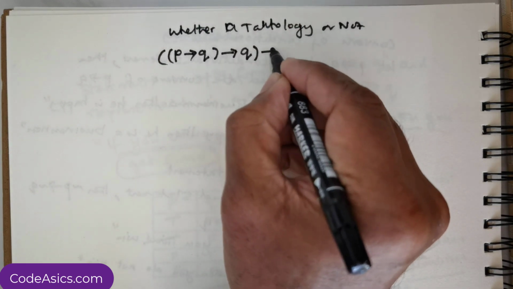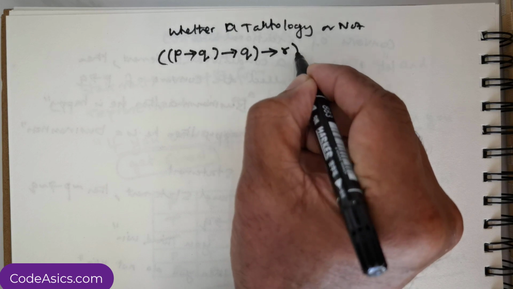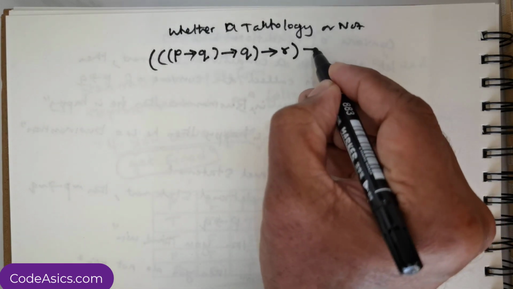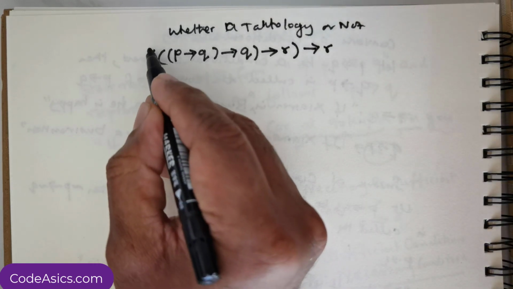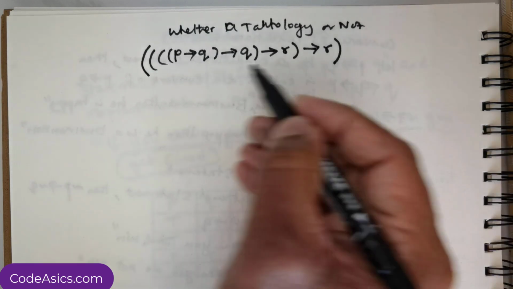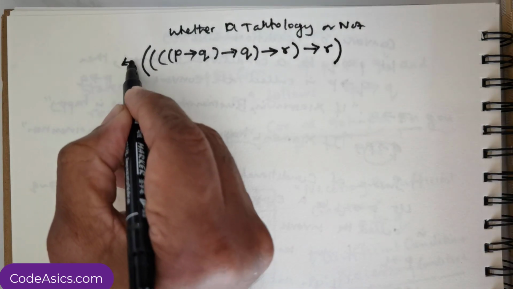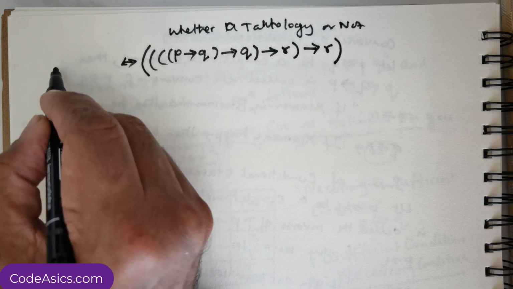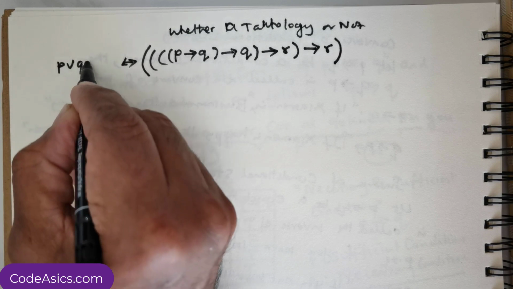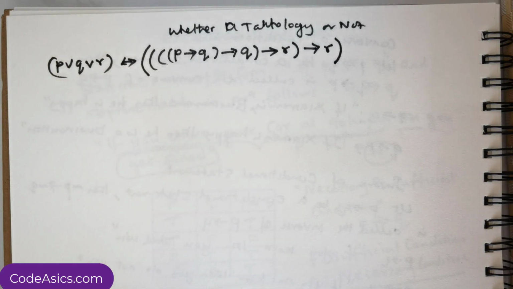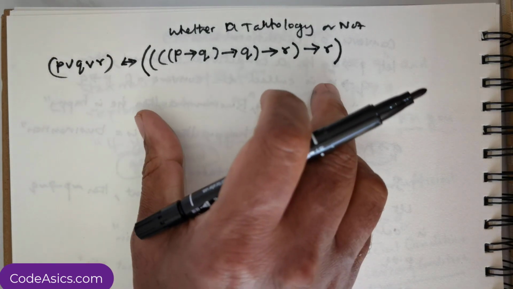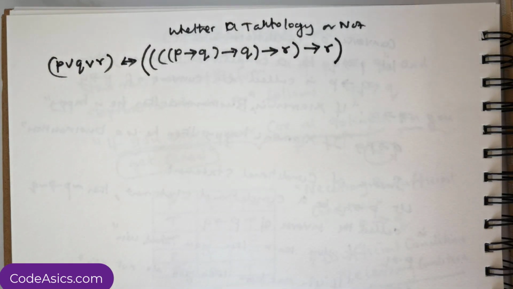And then we got a conditional with R, and then we got another conditional with R. So this is what we have got. And there is a biconditional with P disjunction Q disjunction R. So it's quite a lot. And we have to check this out and decide if it is a tautology or not.